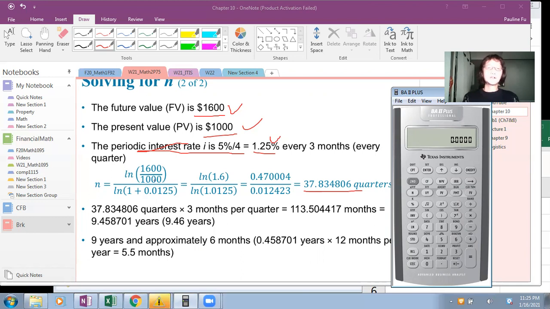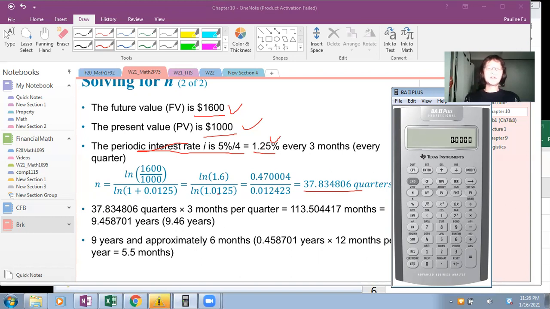What you do on the top first, you do 1600 divided by 1000, that is 1.6. Then 1.6 ln, you get 0.47. You can store this number in position one. Then you clear, and do the next logarithm.